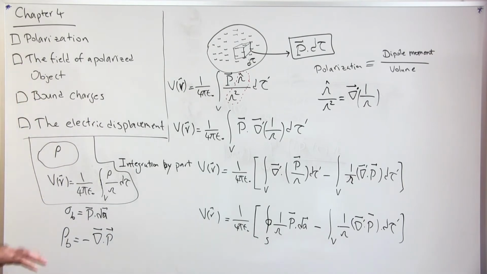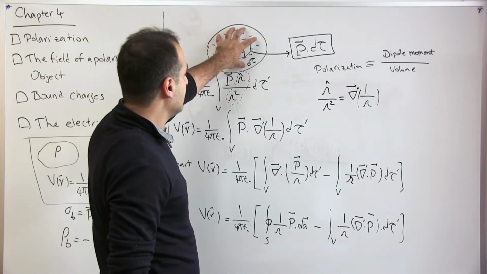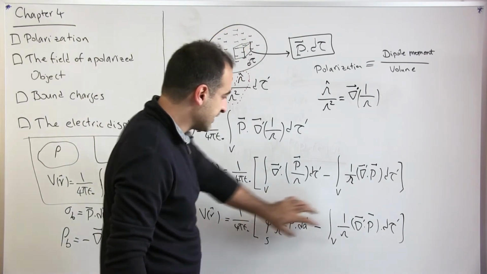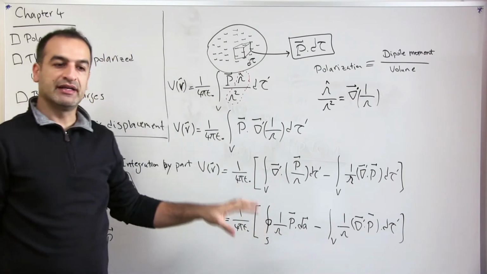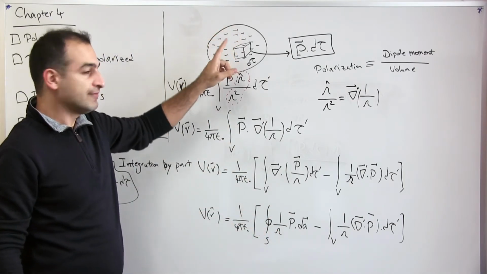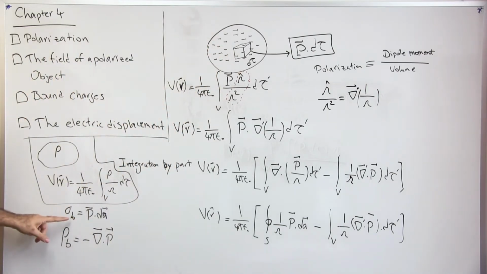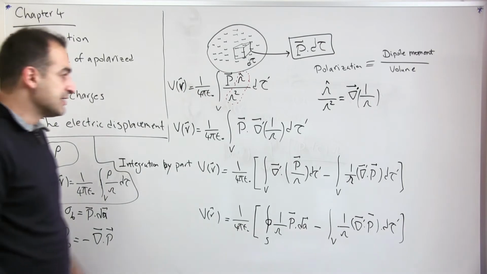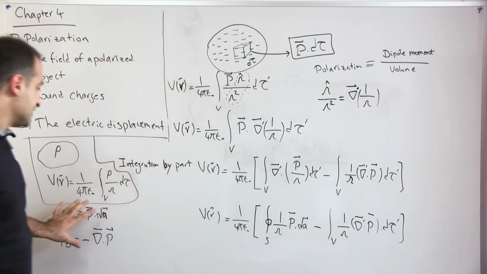Going back again, the potential created by a polarized object has the form like this, and that is similar to the potential created by a volume that has volume charge density and surface charge density, defined as sigma b, surface charge density, being P dot n-hat, and volume charge density being the negative divergence of P. So mathematically we started here and we came to this conclusion.